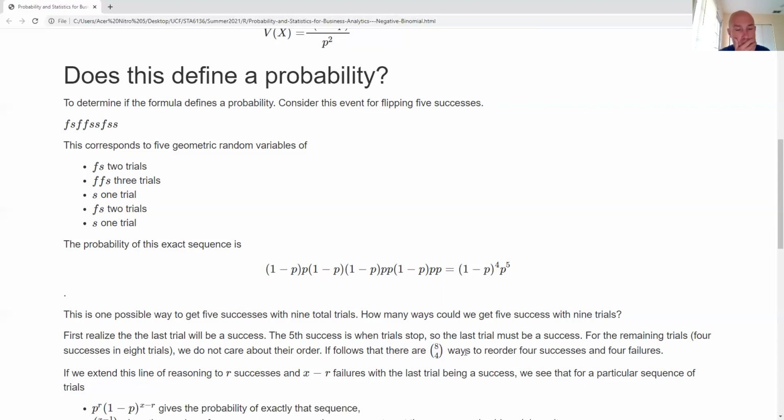Okay, well, let's think about this in general. Let's say instead I had r successes and x total trials. In that situation, I have r successes and x minus r failures.